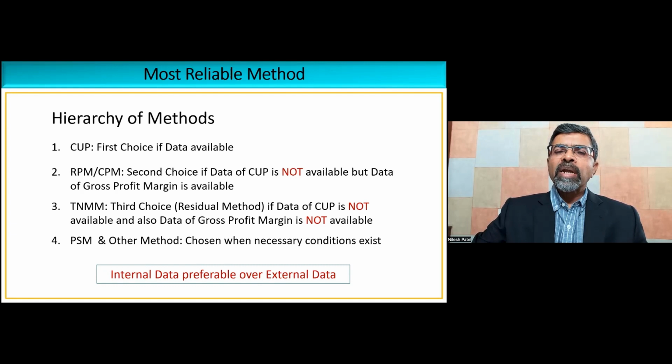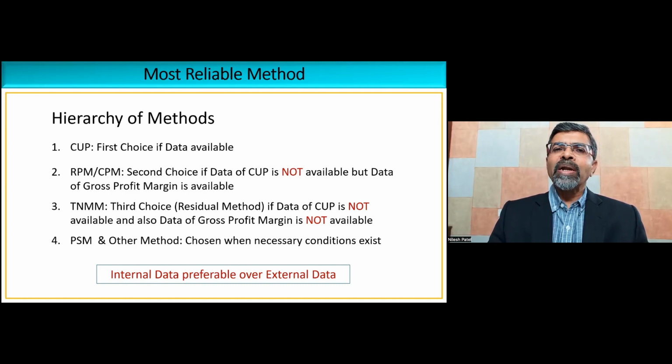And remember that internal data is preferable over external data. What is meant by internal data? If the same related parties enter into similar transaction with other third parties, then the price or the gross profit margin or the net profit margin of that particular transaction can be considered to apply CUP, RPM, CPM, or TNMM, that is internal data.